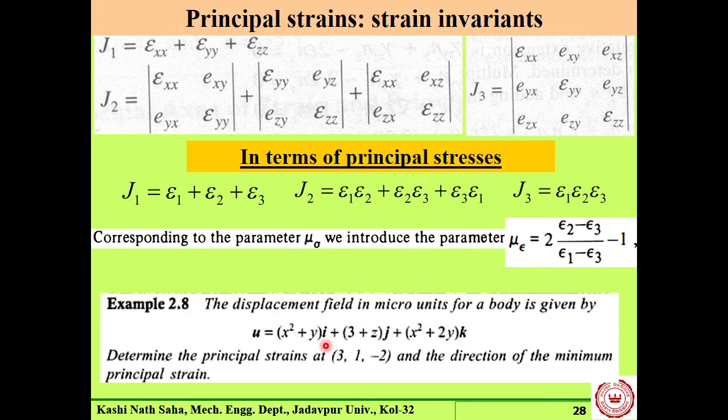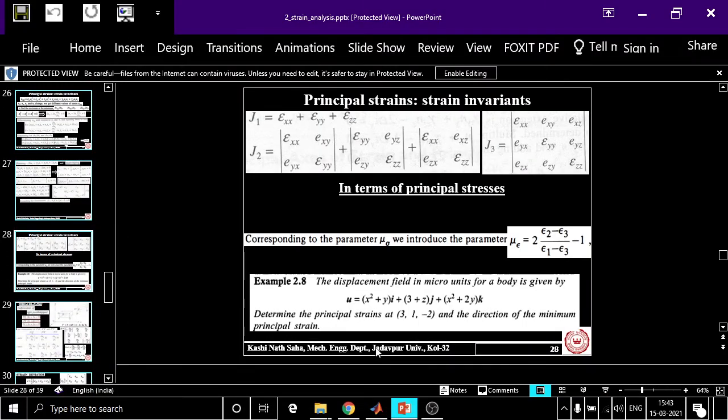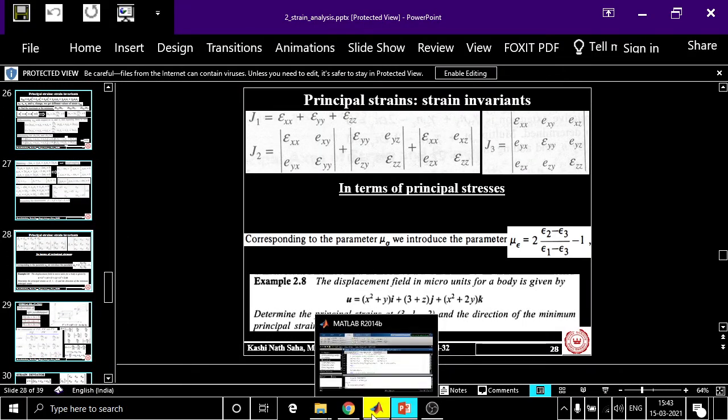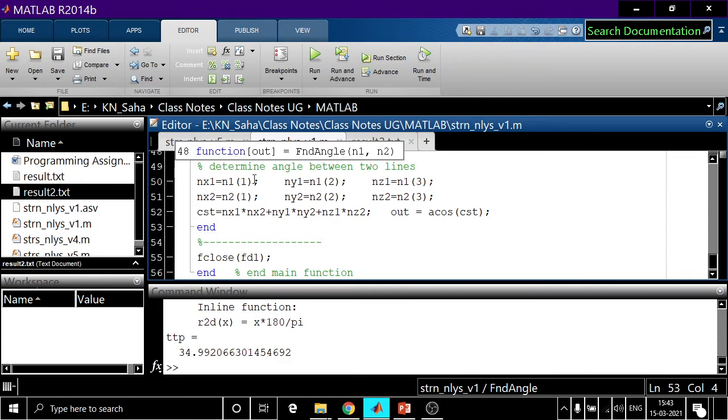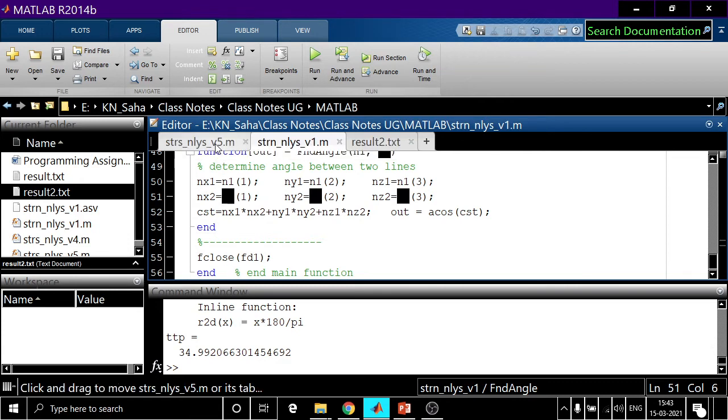Okay. So that part we are not discussing in the MATLAB code. Why? Because this is the MATLAB code for strain analysis, but previously we had a code for stress analysis.